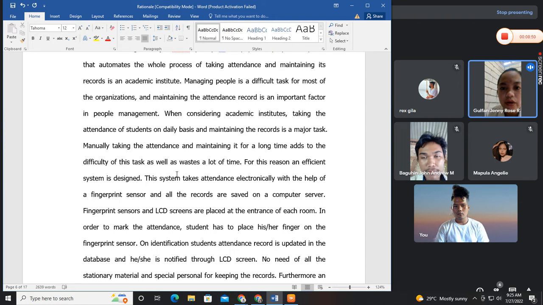On identification, the student's attendance record is updated in the database, and he or she is notified through the LCD screen. There is no need for stationery material and personnel for keeping the records. Furthermore, an automatic system replaces the manual system.